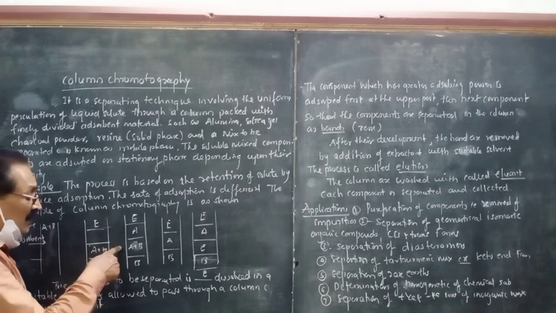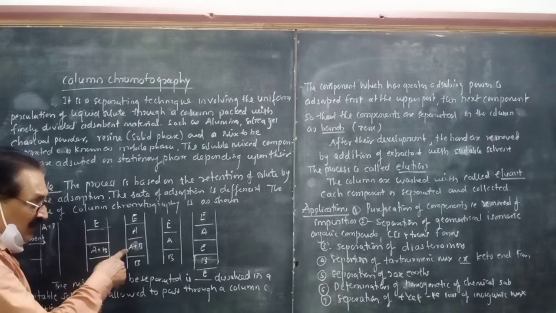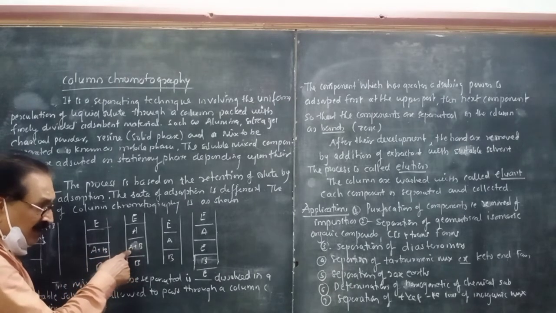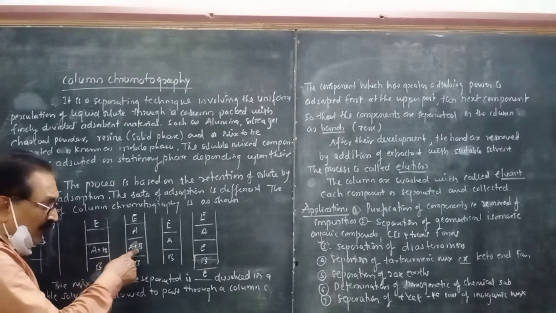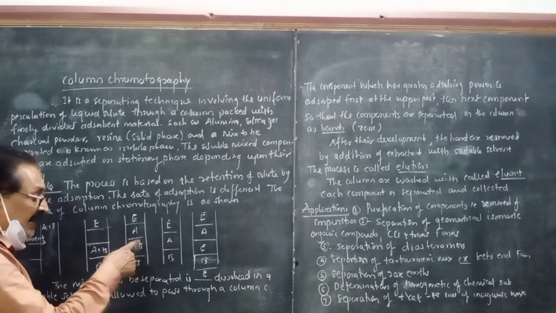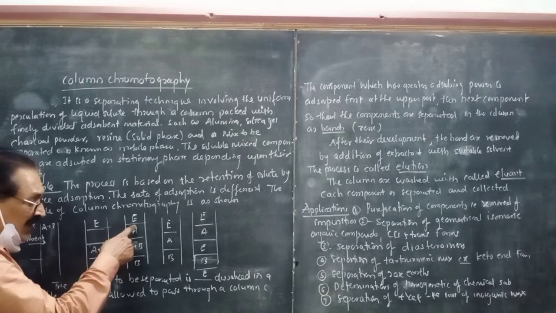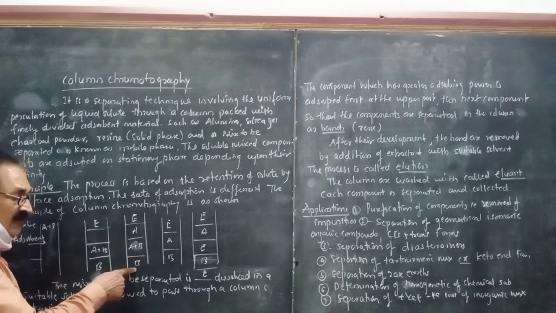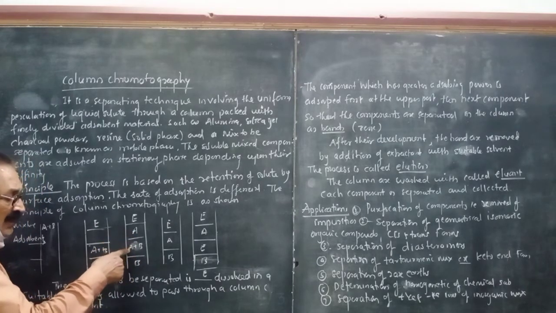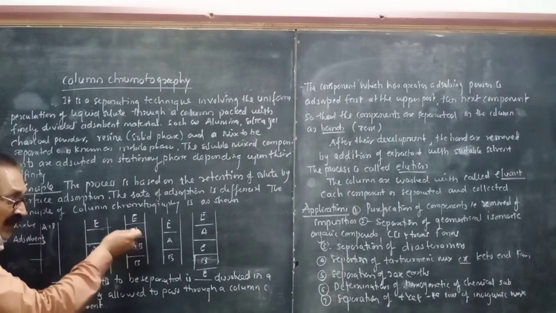Then in the third figure, the A and B mixture is present. A and B have different rates of adsorption, and their retention power is also different. Therefore, slowly in the column where the stationary phase is present, the mobile components A and B enter and start to separate from one another.